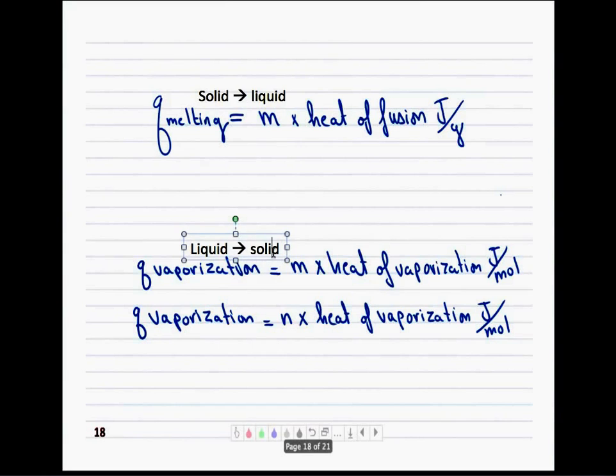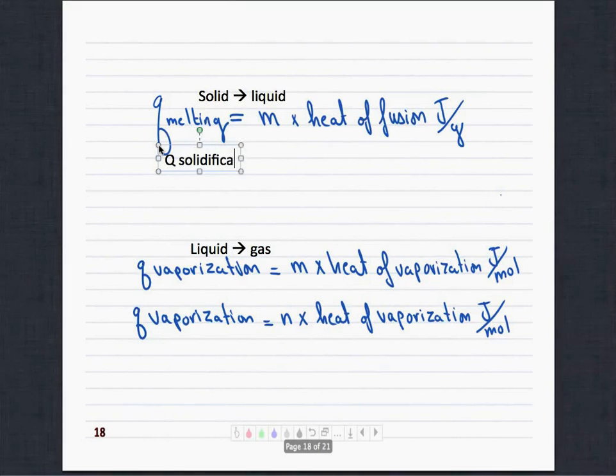Now, if I wanted to go from liquid to solid, Q solidification, which is going from liquid to solid, equals minus M delta H of fusion. This is if we want to go from solid to liquid, or from liquid to solid.